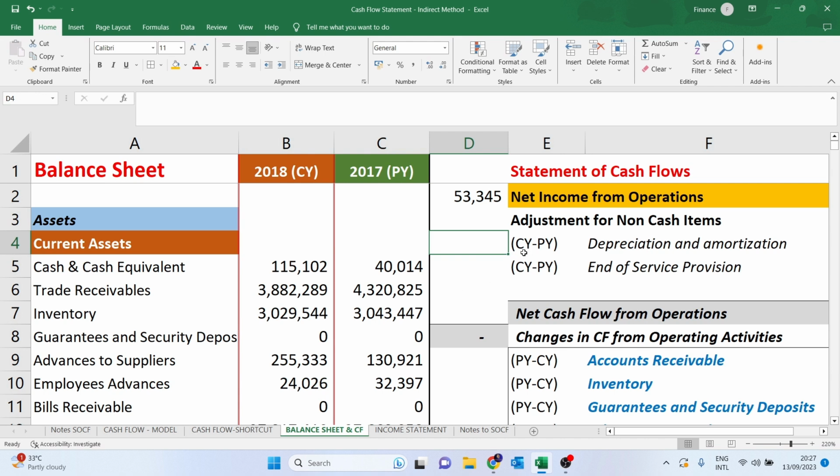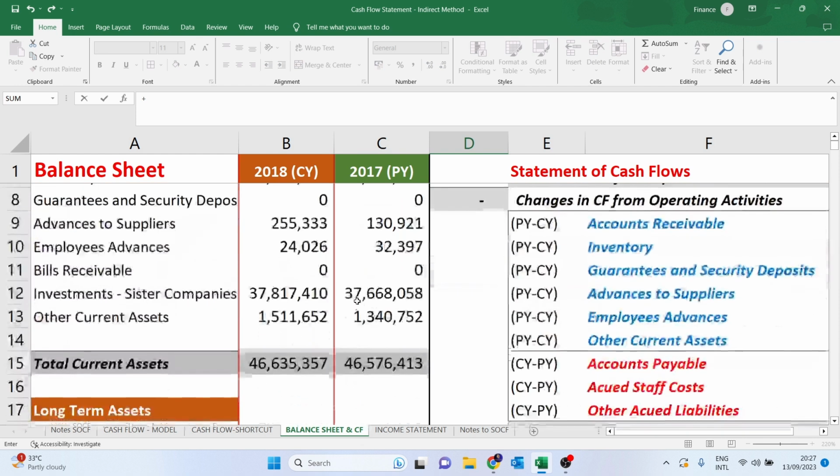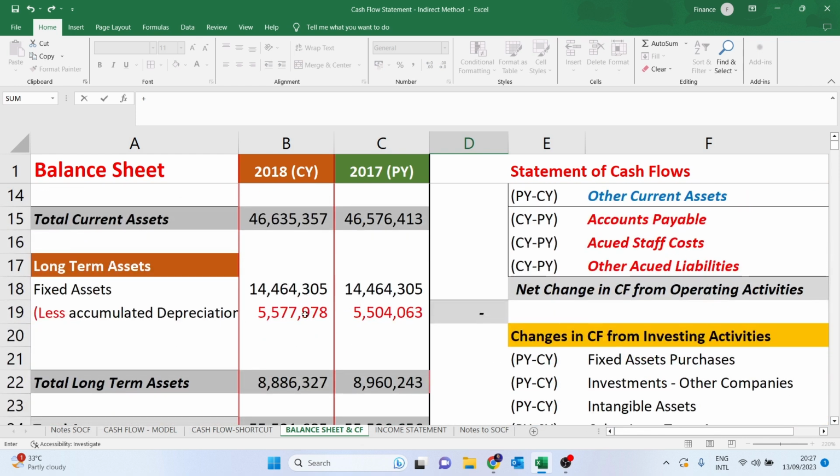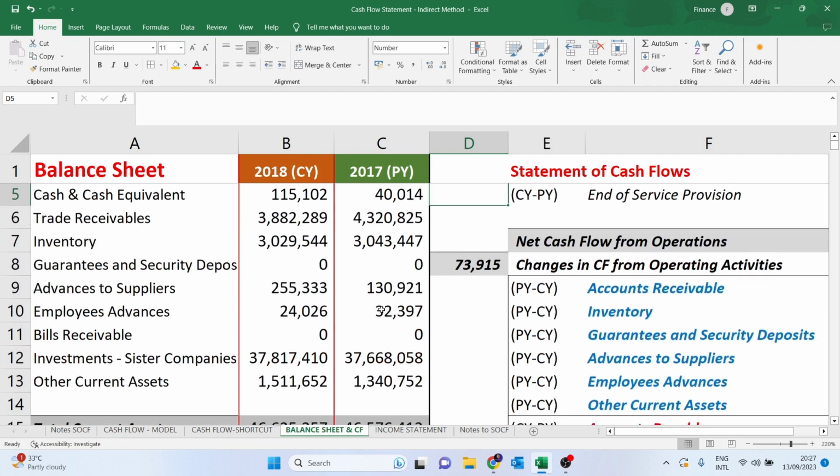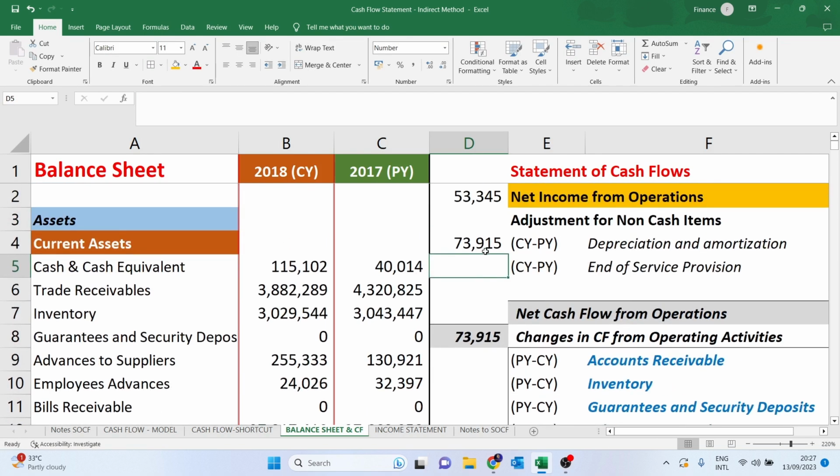For recording this, I will use this formula: current year minus previous year. The current year is 2018. So let us check the current year minus previous year balance. I will take this number, 73,915. That means this 73,915 needs to be added back.